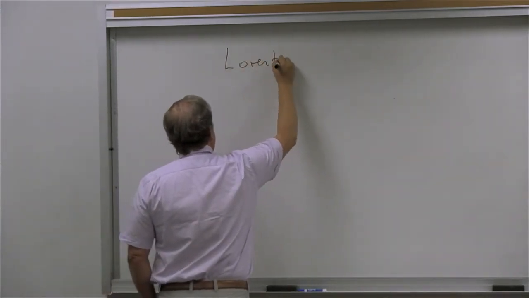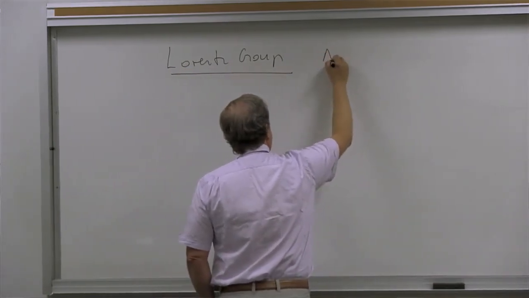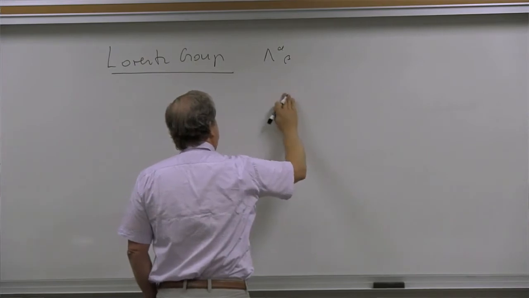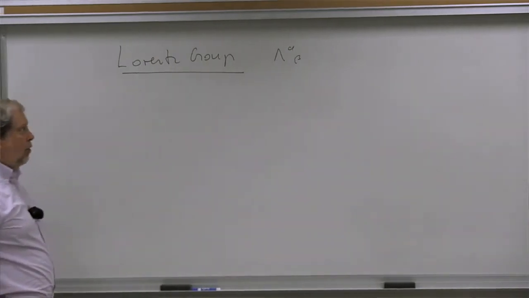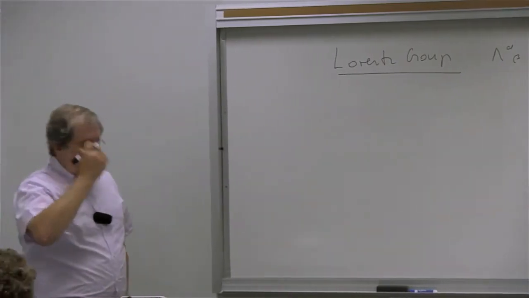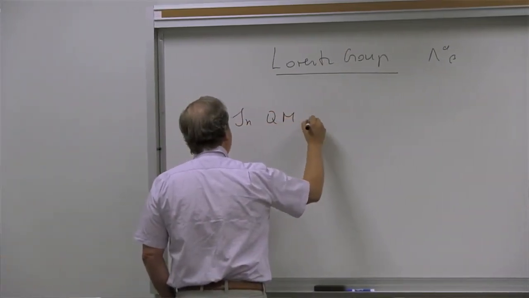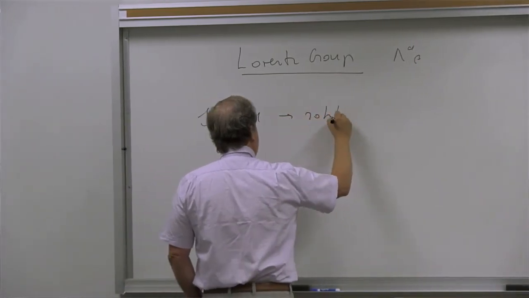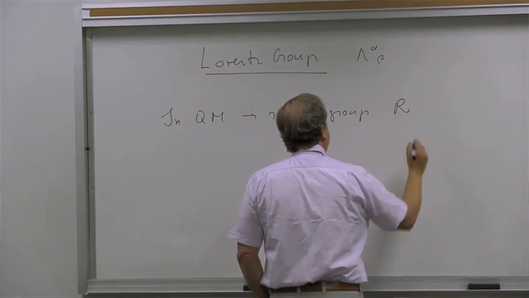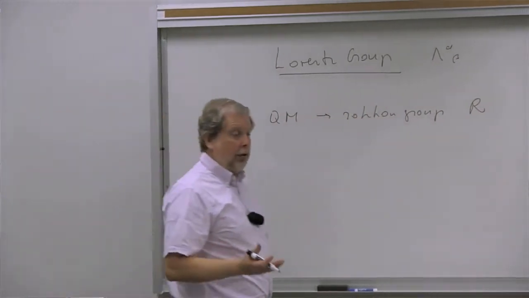So the Lorentz group. Well, we know we're talking about these transformations, lambda, alpha, beta, that depend on boosts and rotations and so forth. And now, in quantum mechanics, we discuss the rotation group R, the group of rotations in 3-dimensional Euclidean space.